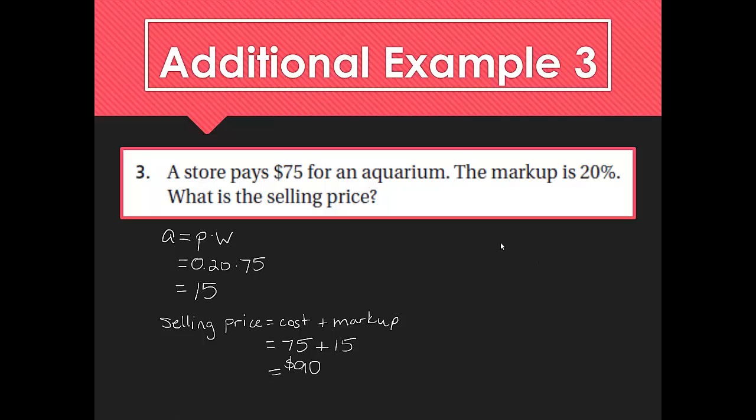Now we can use our table for our second method. So for our table, we're going to have percent on the left-hand side and the amount in dollars on the right-hand side. So at 100%, it was $75.